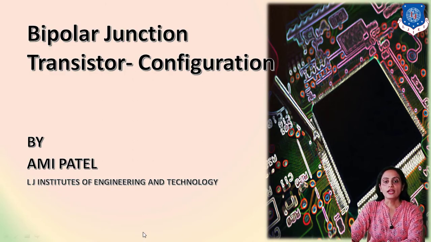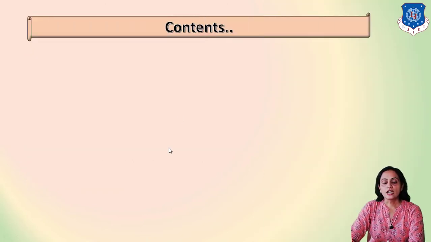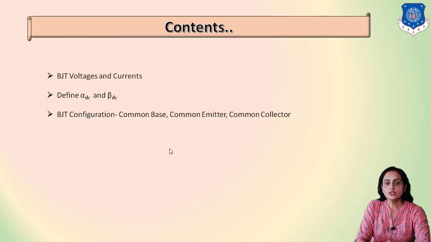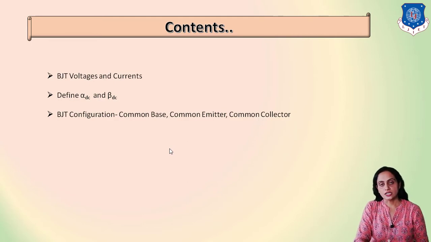So now let us begin. These are the contents I am going to discuss in this particular video. First we are going to discuss the different BJT voltages and currents. I will introduce which currents and voltages are important when we connect a BJT in a circuit form. Then we will define the two current ratios, that is alpha DC and beta DC, and then we will see the BJT configurations.